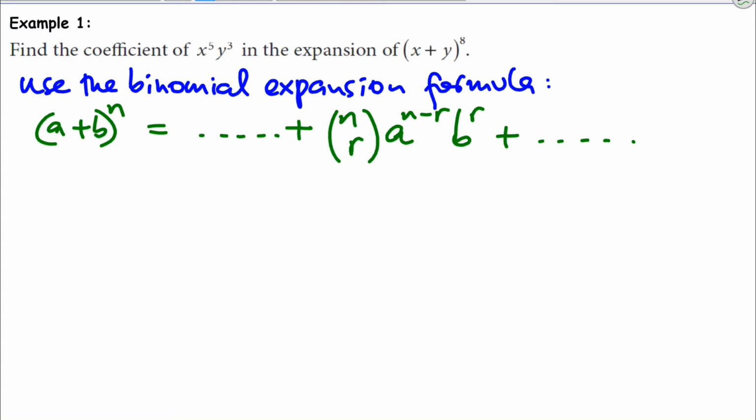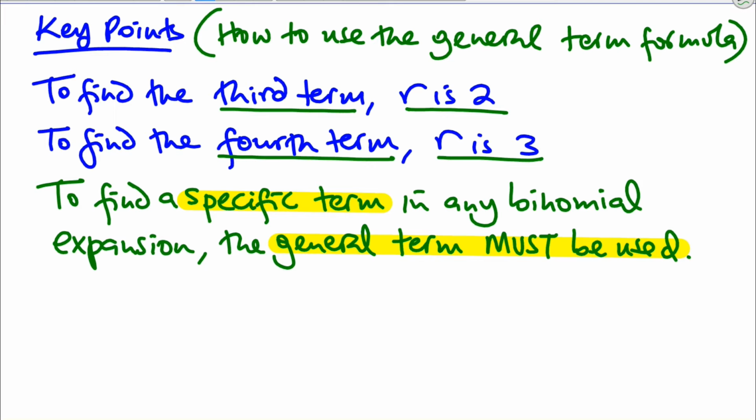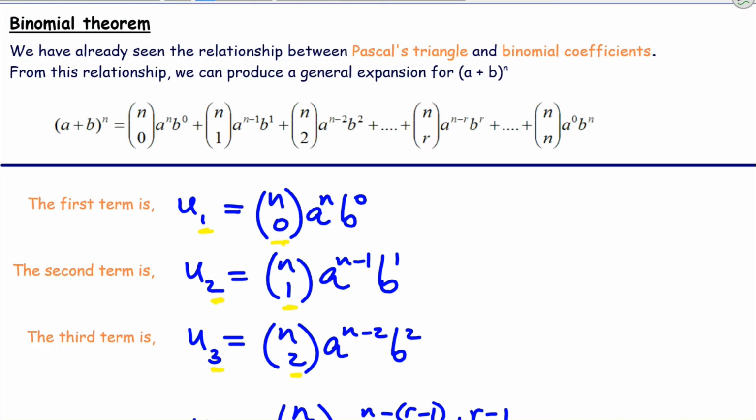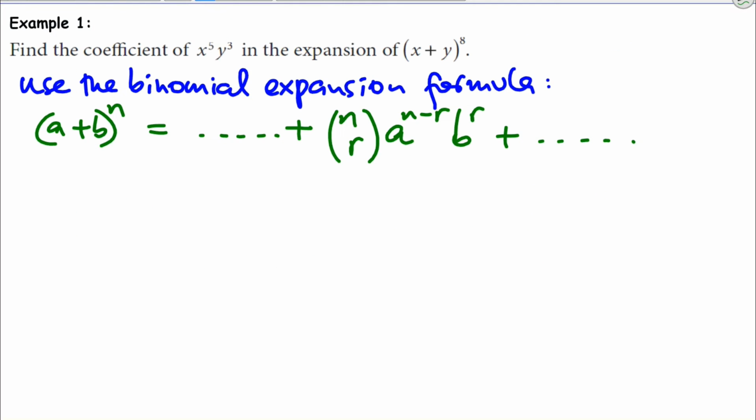It's similar to the formula we started with, the binomial expansion formula. So back to our question, we need to identify n, a and b, and of course find what r is.